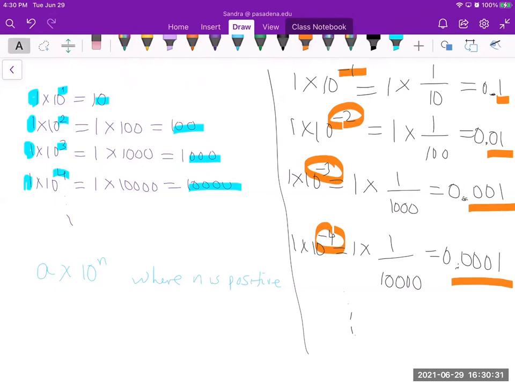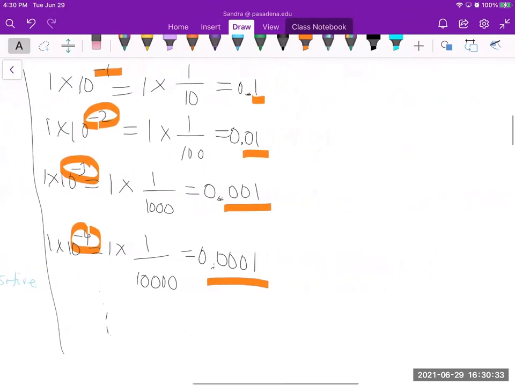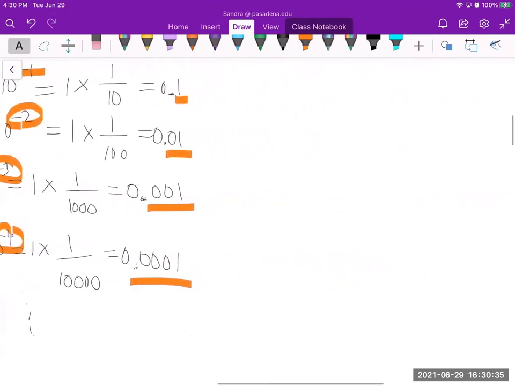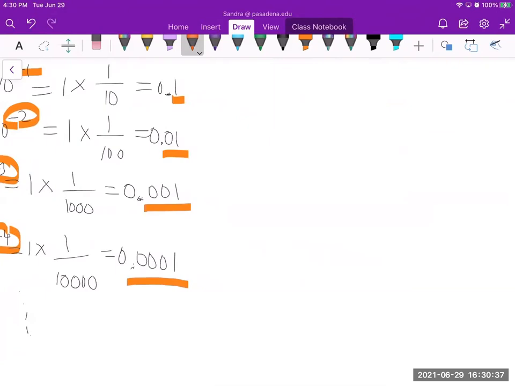Okay, so let me go ahead and give you an example since I don't have an example with a negative exponent. So for example, how can I write this number in scientific notation? Consider the number 0.00032.